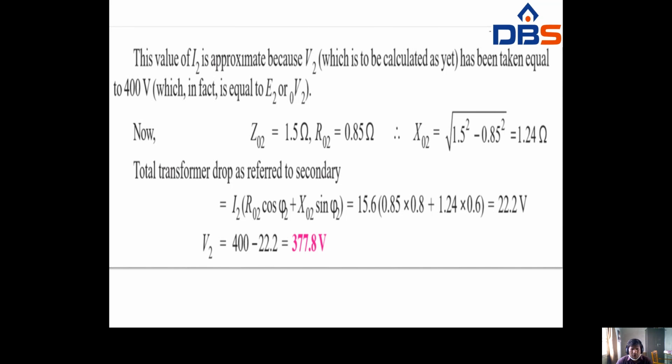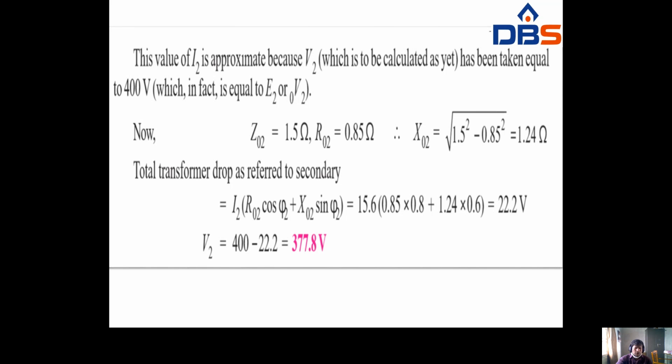Now determine the voltage regulation: I2 R02 cos phi 2 plus I2 X02 sin phi 2. I2 is 15.6 into R02 0.85 into cos phi 2 0.8, plus X02 1.24 into sin phi 2 0.6. By calculating with the help of a calculator we get 22.2 volts.